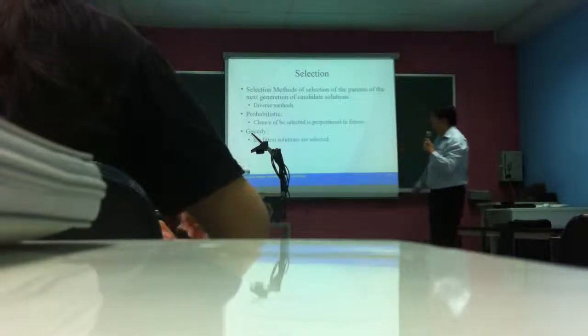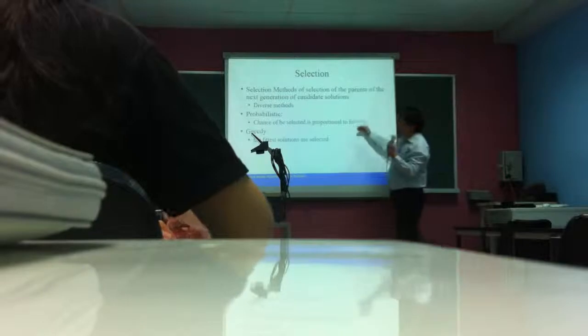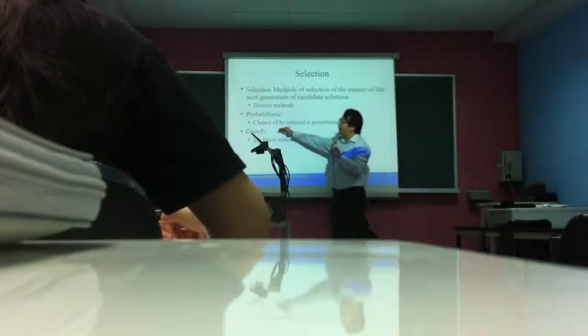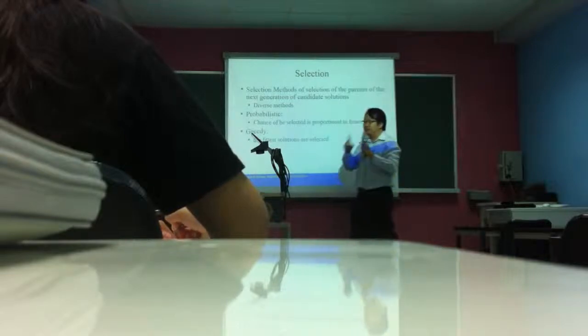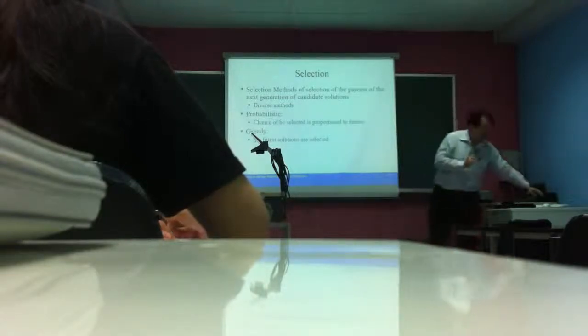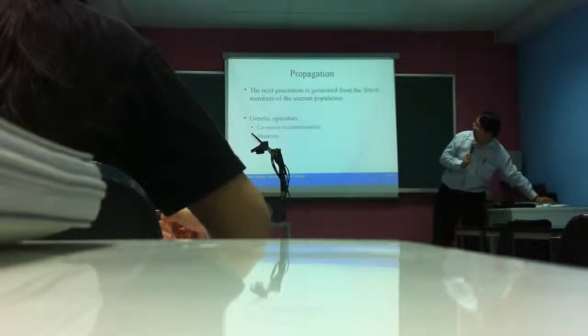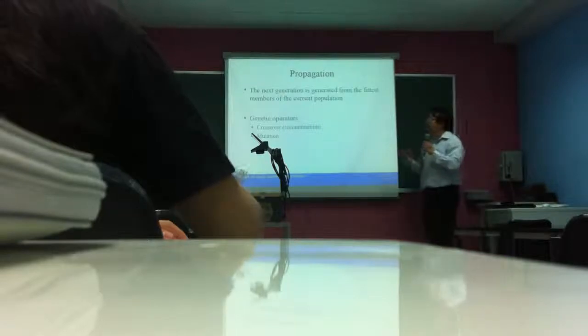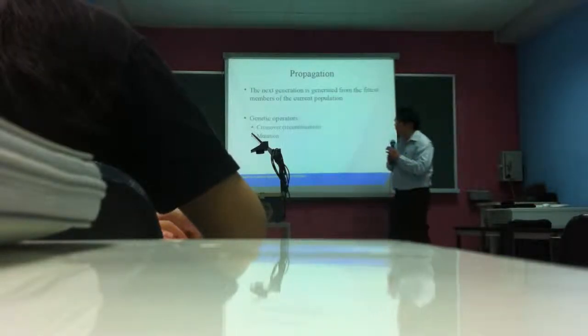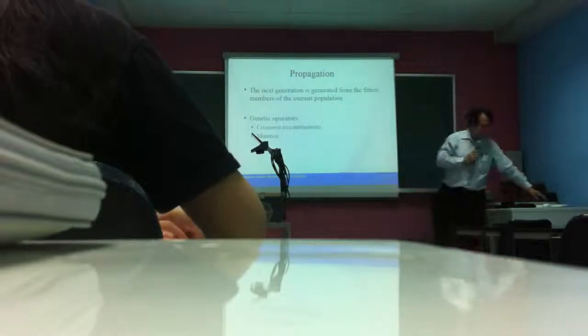Or if you choose only the best one, this is called greedy: just the best solution and you get it. Also, for multiplication, if you want to generate a new population, you can use crossover application in this program.